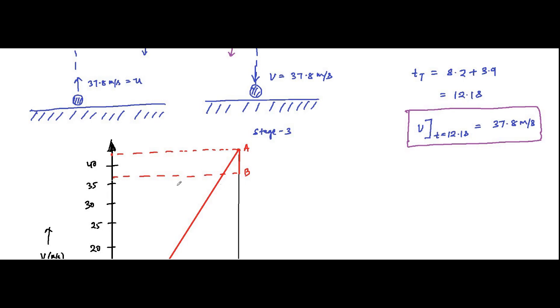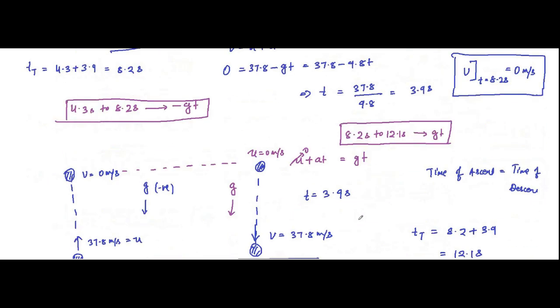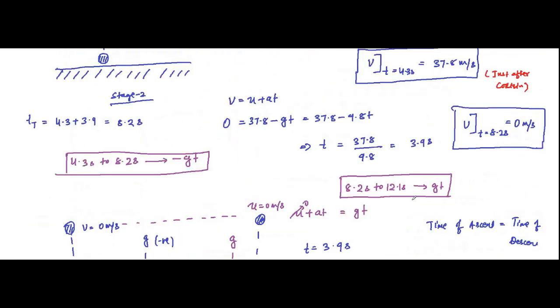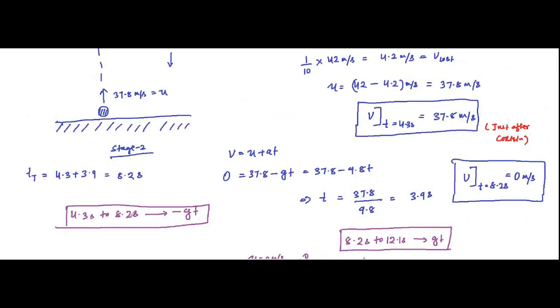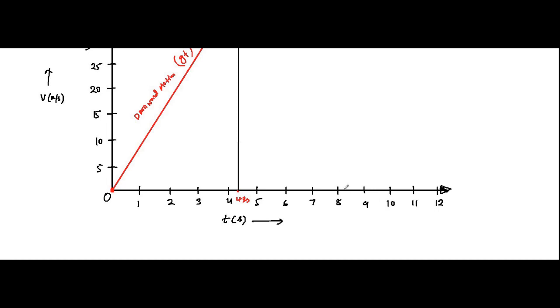Here is the downward motion with slope g t, 9.8 t. Then from 4.3 to 8.2 seconds it is minus g t, and at 8.2 seconds it is 0 meters per second, somewhere around here.